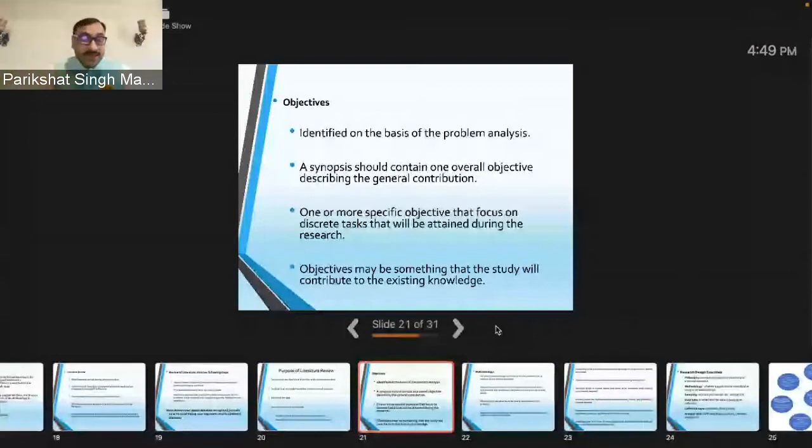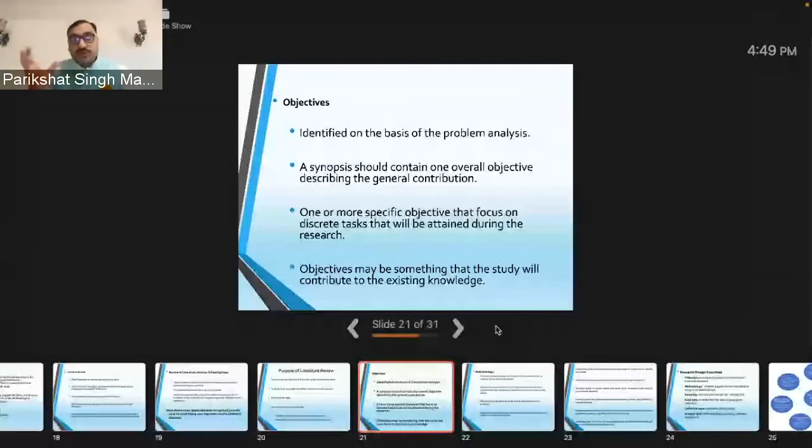So each and every objective has to be achievable. Sometimes we try to be very ambitious, and we put in objectives which we are not achieving at the end. But the second aspect is don't make generic statements when you are defining your objectives.